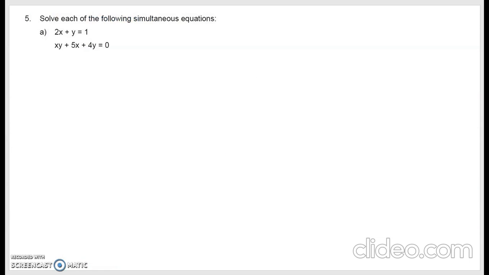Now we look at question number 5. In question number 5, solve each of the following simultaneous equations. So here is equation 1, here is equation 2. Equation 1 is linear, equation 2 is non-linear.